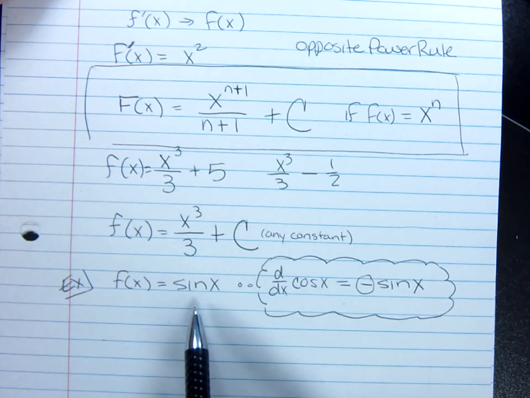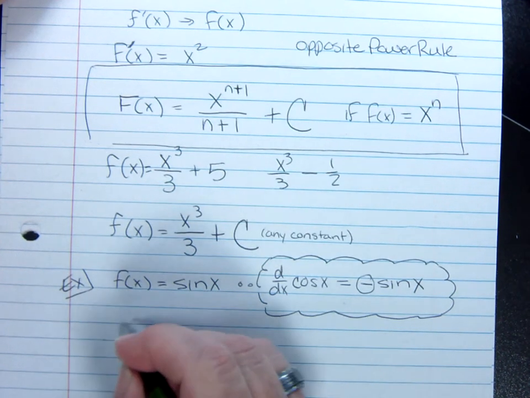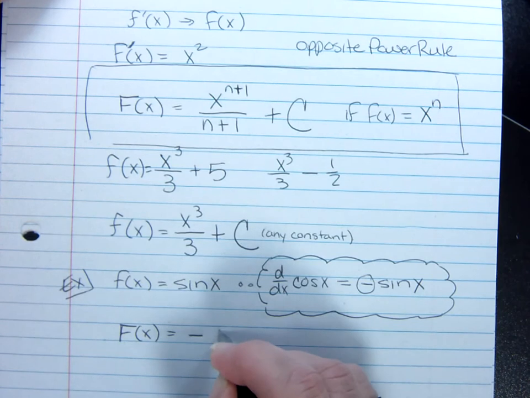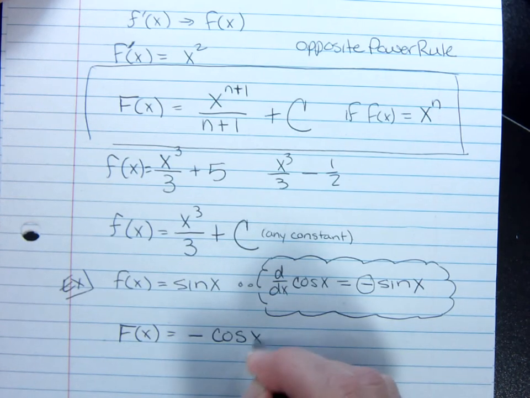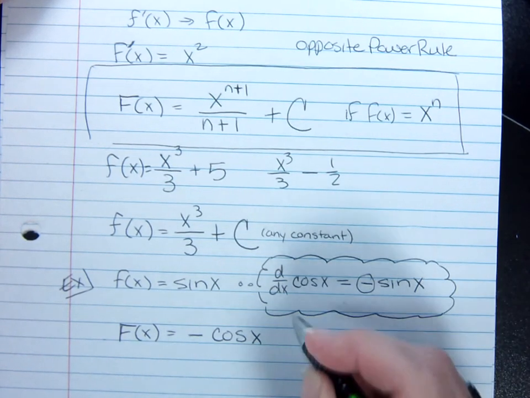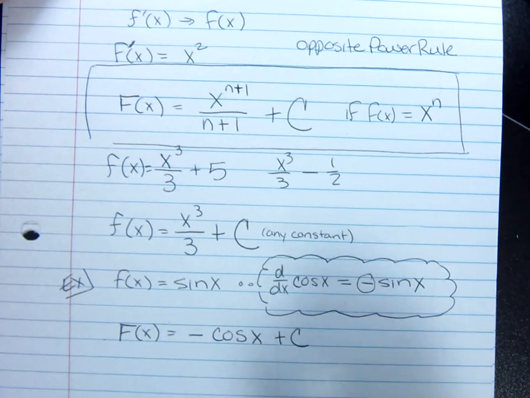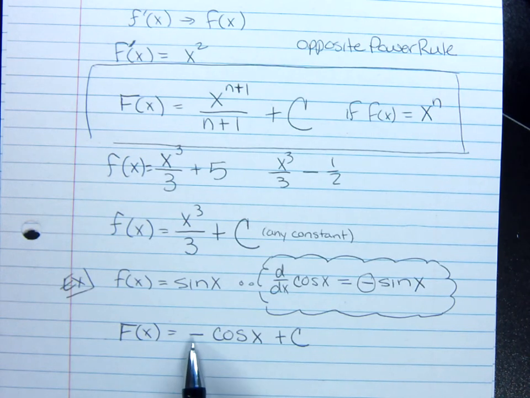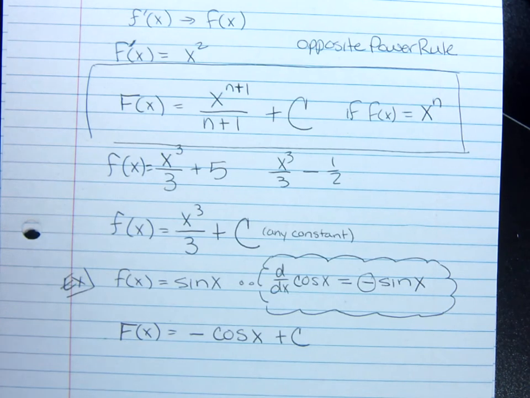Well, if I start out with a negative in the front, negative cosine x, and I'm also going to have plus c because there could be a constant there. Then if I went through and did the first derivative of that, I would have a negative of a negative sine x, which would give me my sine x.